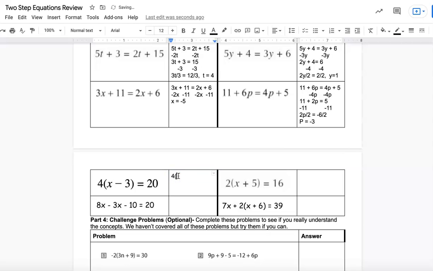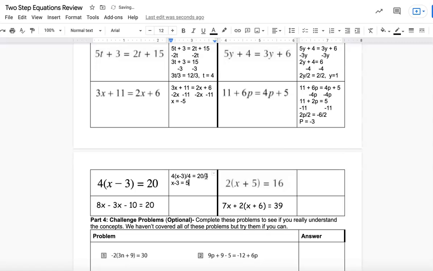So this is 4 times the quantity of x minus 3 equals 20. Since you can pretend that this whole thing is an x term or an unknown, and you're multiplying 4 times that, you can actually divide by 4 on that side and divide by 4 on this side. Then you would just have x minus 3 on that side.